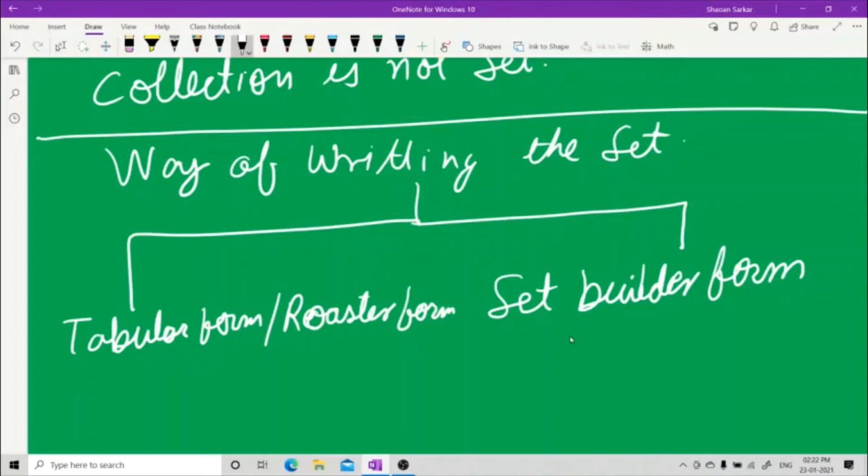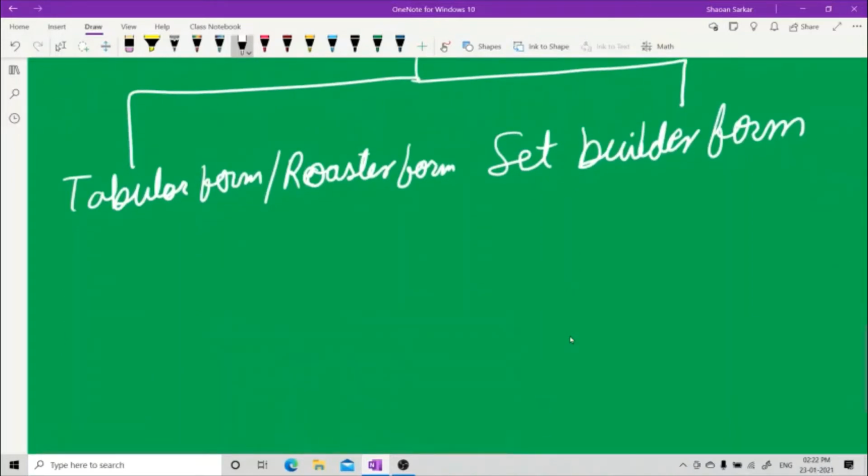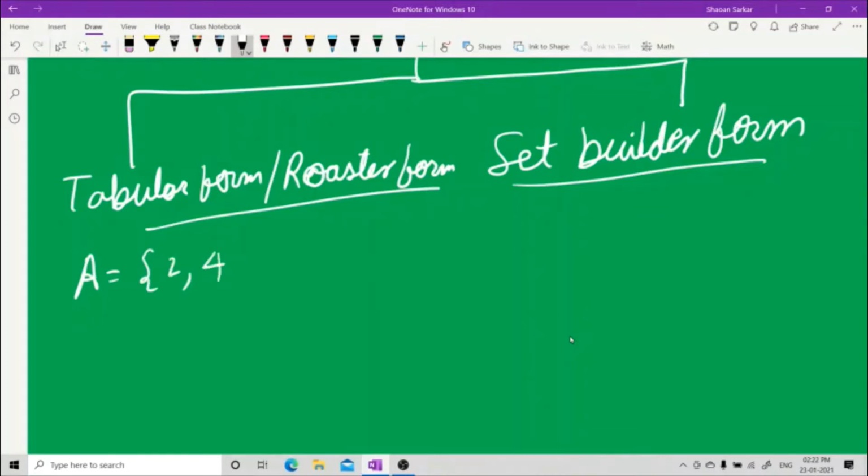Now under tabular form, see what I write. Suppose I give you an example of how to write this and this one. See, with an example it will be easier. I write A is {2, 4, 6, 8}. See, यहाँ पे एलिमेंट्स को लिखा जाता है कॉमा के साथ, separated by commas, और यहाँ पे इसकी कैरेक्टरिस्टिक लिखी जाती है. इसी सेट को अगर राइट अंडर सेट बिल्डर, the tabular form is written with elements in commas, and in set builder we write the characteristic.